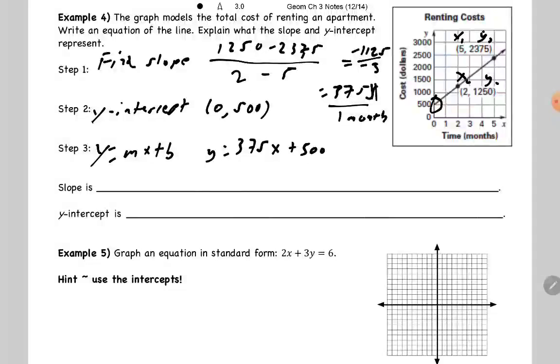So the slope is how much you pay each month for rent. And then the y-intercept is basically your down payment.